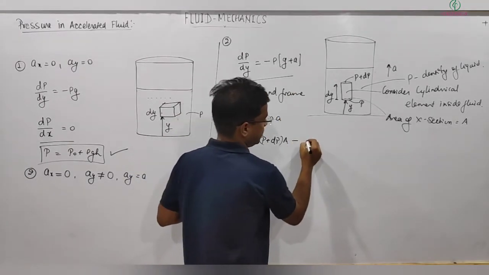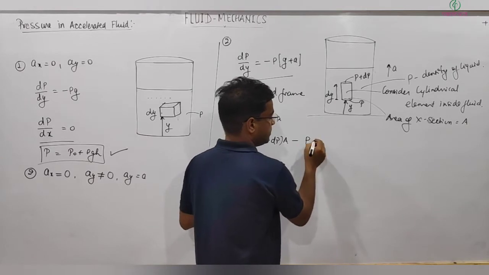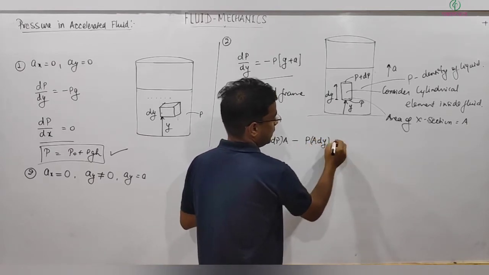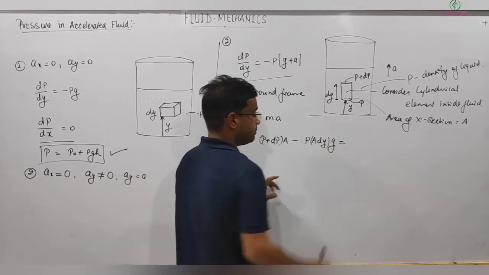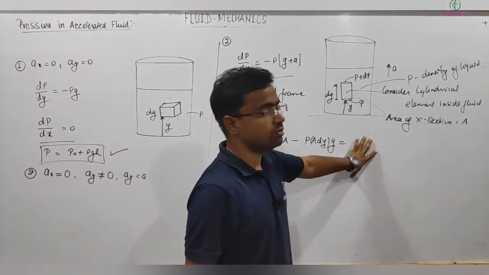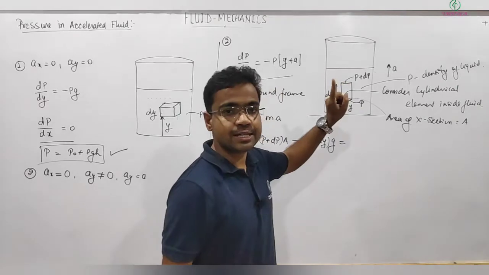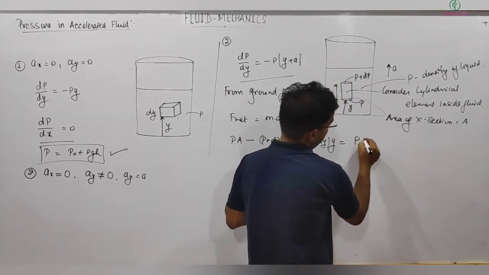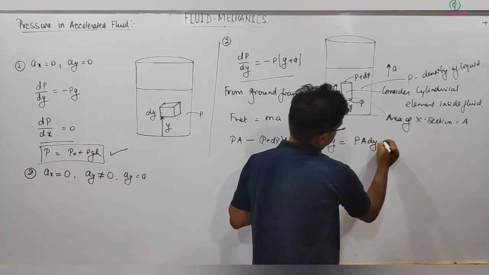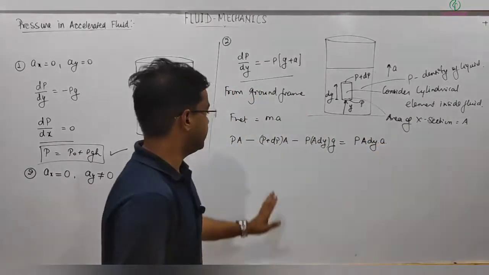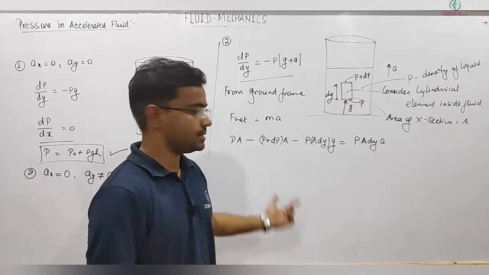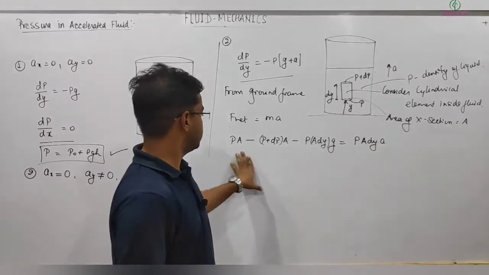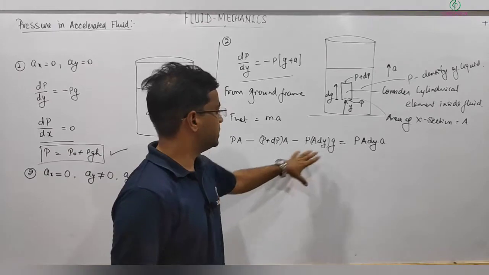So weight I can write as rho, density, multiplied by volume A dy, so this is m into g. And because we can see from ground frame this element is having acceleration, net force is equal to ma, and m is equal to rho A dy, multiplied by a. I hope you are clear with this relation. Simple. I don't think there is any big problem.